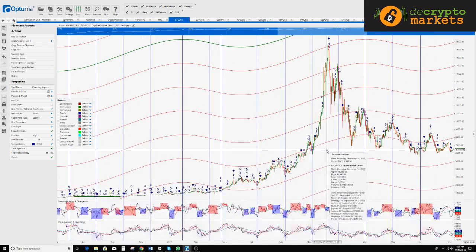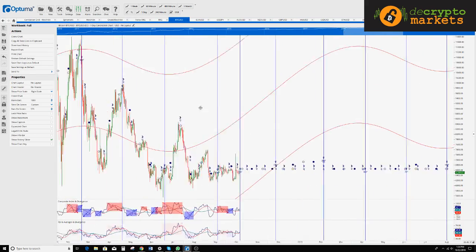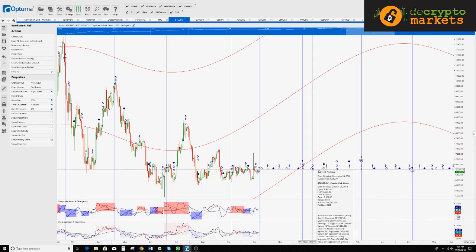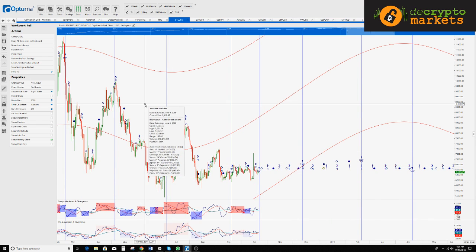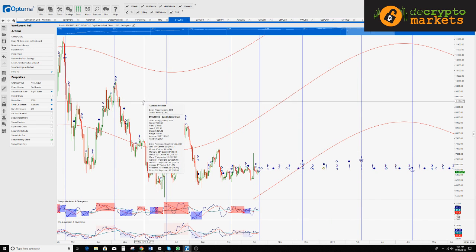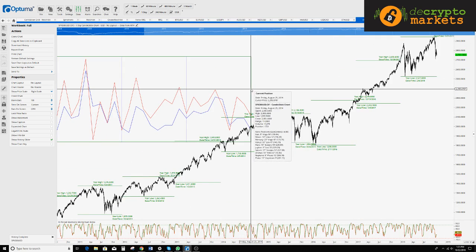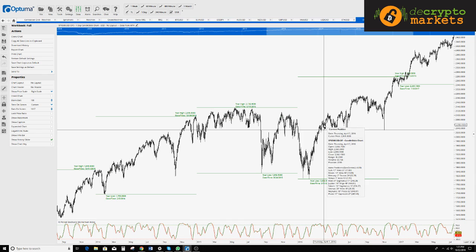All right. When looking in the past, when we've seen the retrograde cycles in Venus, Bitcoin operates kind of oddly. This is how. This is the S&P 500.